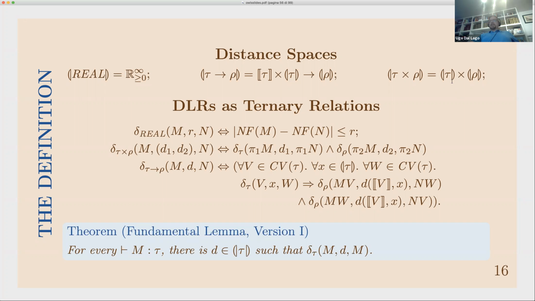Yes. I'll take the second question first. The reason why the distance between pairs of elements is a pair of distances is that tau and rho can be very different in structure. For example, imagine the case in which tau is a real number and rho is a much higher-order function. The only sensible thing to do is to keep the two separate.